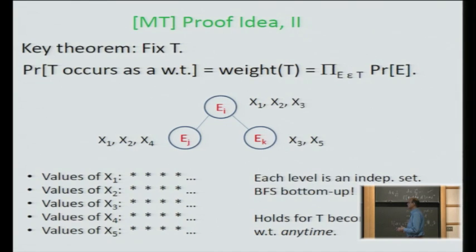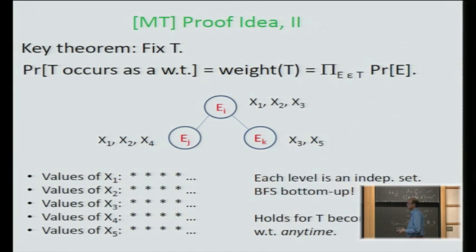When you come to EI, you know exactly that EI was triggered because of the second sample version of x1, the second of x2, and the second of x3, and so on. If you think about this a little bit, because every level is an independent set, it doesn't matter in which order you process these, left to right.